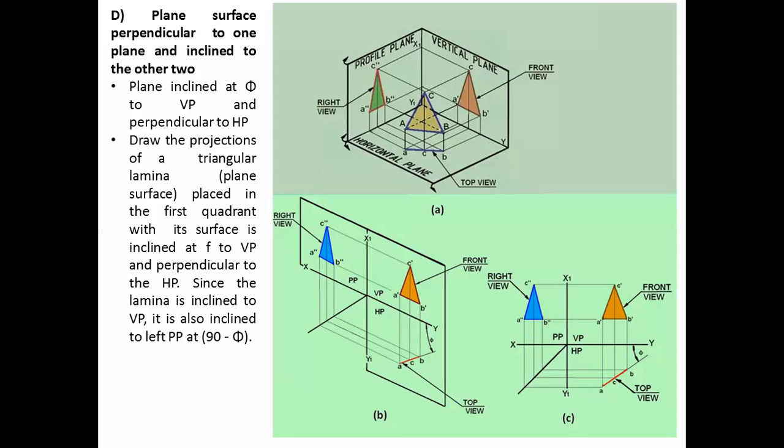Now this is something interesting. Why is it interesting? Because this plane surface is perpendicular to one plane and inclined to two planes.